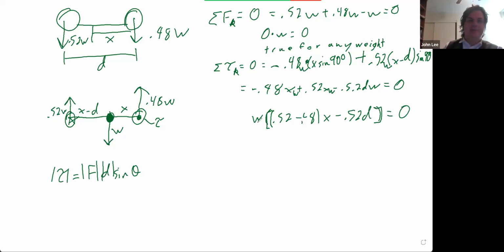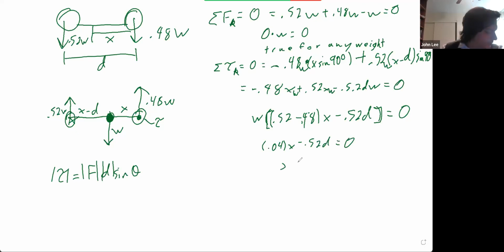So for any weight, this is going to be true. So we can just cancel out the weight and then say 0.52 minus 0.48 is going to be 0.04 x minus 0.52 d equals 0.